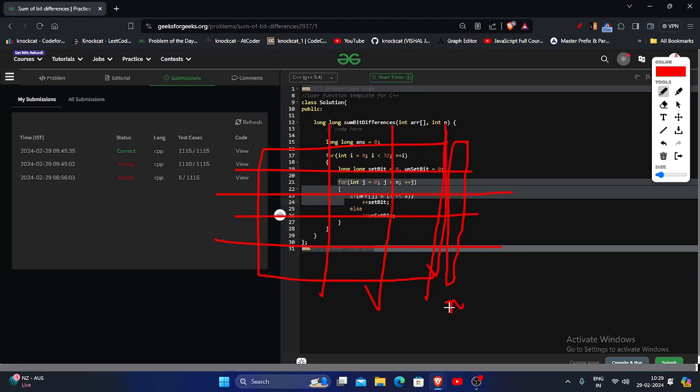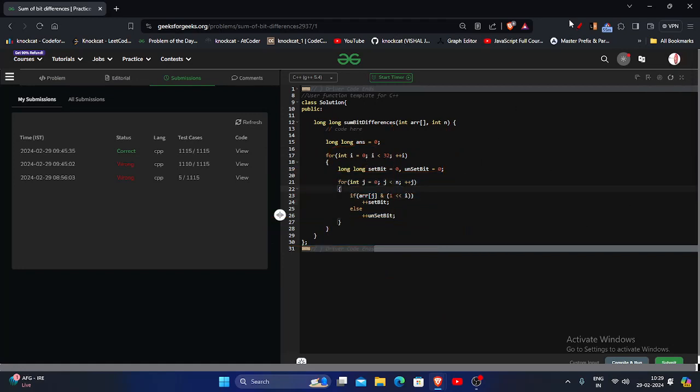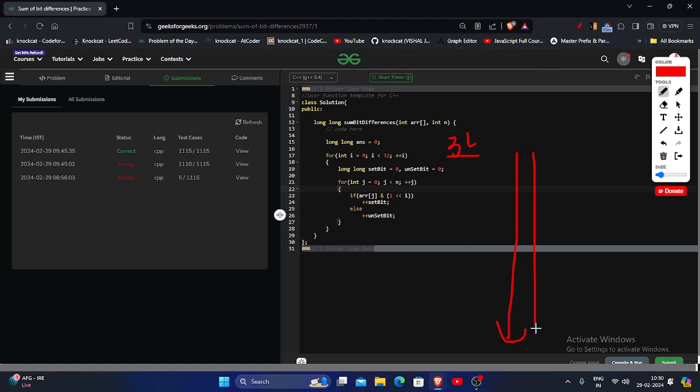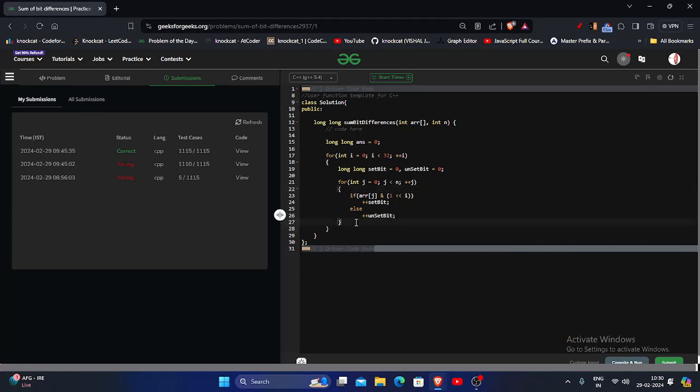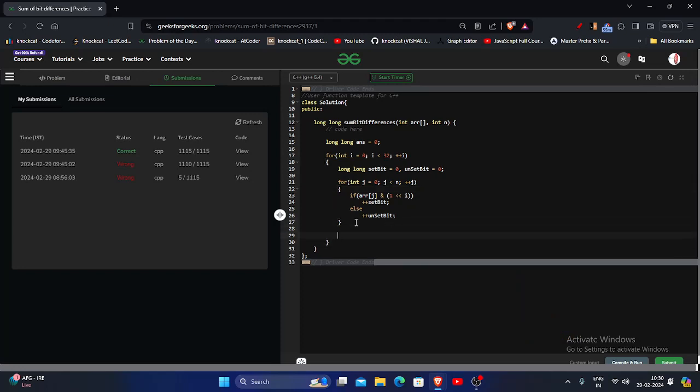After this iteration, I already know the set bits and the unset bits, because for 32 we cover all n numbers' ith bit. So after this loop, I know the set bit and unset bit for this index. So I can just perform the Cartesian product here only. I can say answer plus equals to set bit into unset bit into 2 by 2.